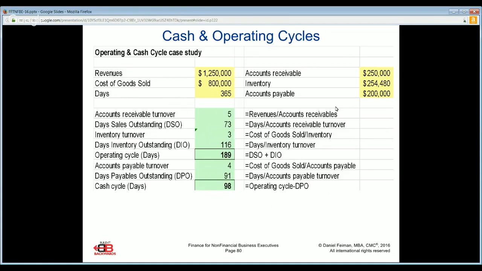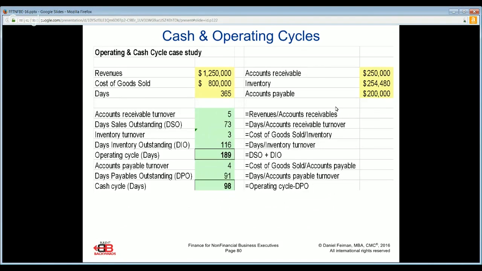That tells us it's taking us on average 73 days to collect our accounts receivable. And it's taking us 116 days to turn over the inventory, to get in a piece of inventory and turn it over. Now, 189 days, I don't know if that's good or bad, because I don't know the industry.